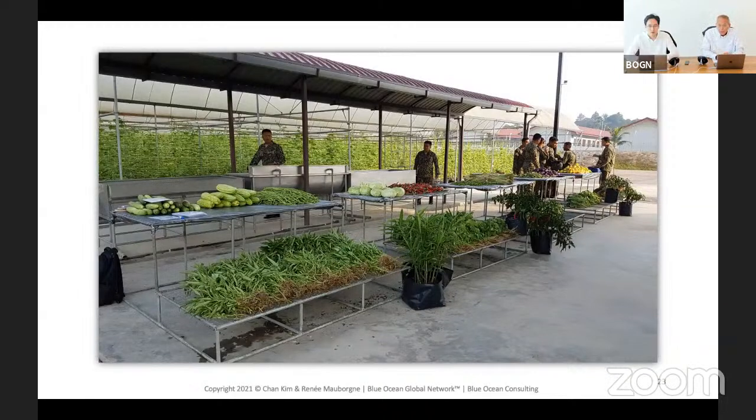And when they sell the crops, the profit is shared between the military pension fund, the prison pension fund, and more importantly, to the prisoner's family.